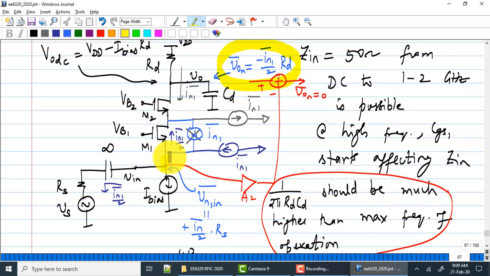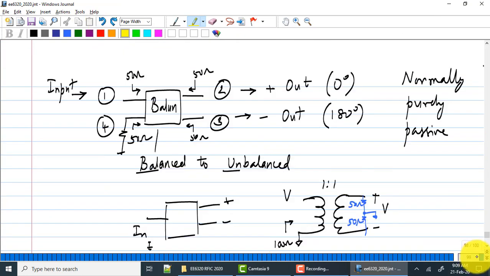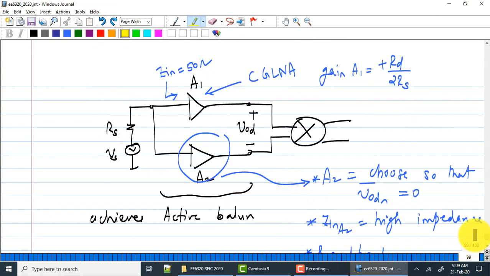Okay, this is what we know so far. Okay, and we need to design the second amplifier A2. So I think we concluded that in this particular LNA, instead of subtracting the output, we'll just take the output as a differential output so that you have an inherent balanced operation.